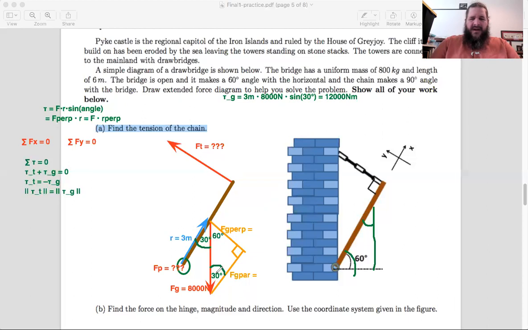So with this 30-degree angle, how would we find the perpendicular component? If we know that the hypotenuse, the magnitude of the vector itself, is 8,000 newtons, how do we find the perpendicular component?